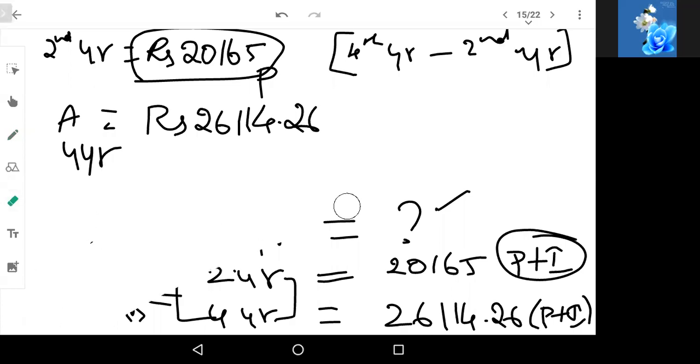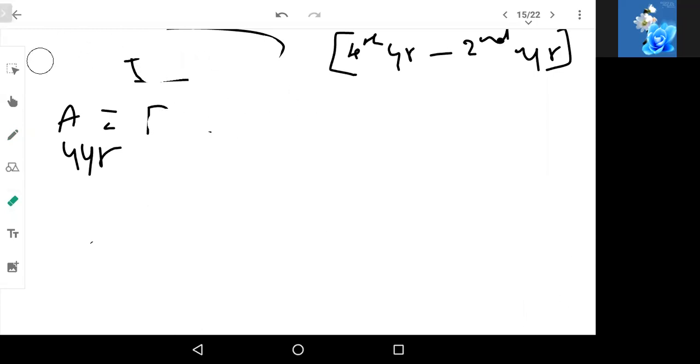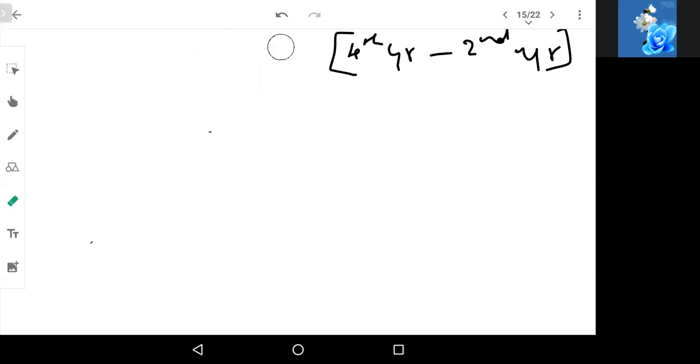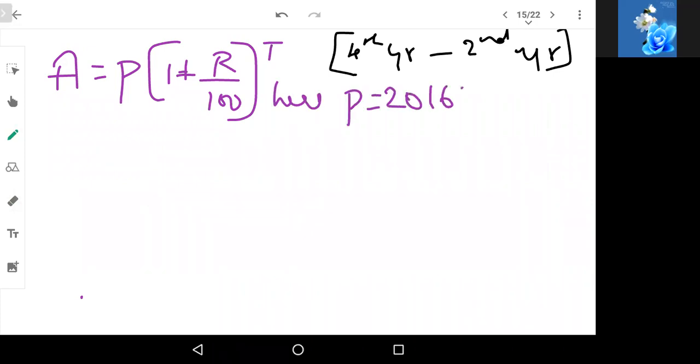If you understand the question, if you understand what we are trying to do, then it is easy for you to solve the problem. So we will be using the amount formula. Amount is equal to P into (1 plus R by 100) to the power T. Now using this formula, here we will be taking P as 20,165.